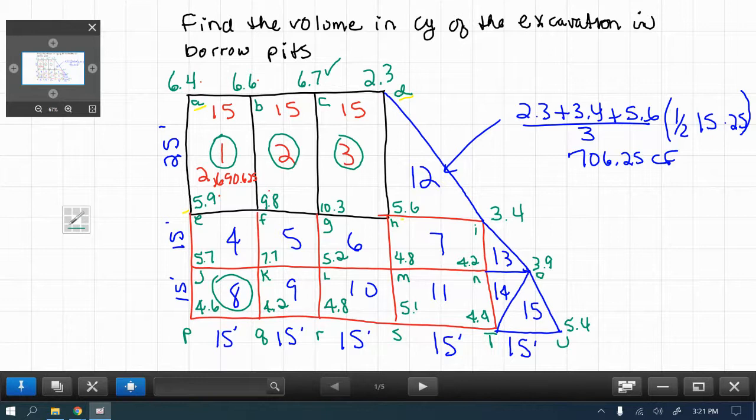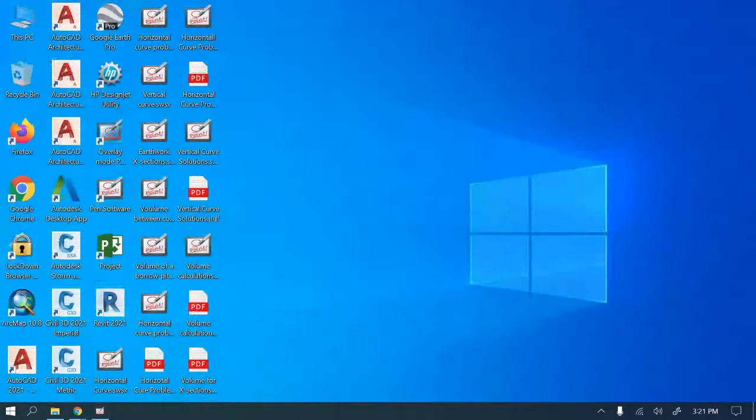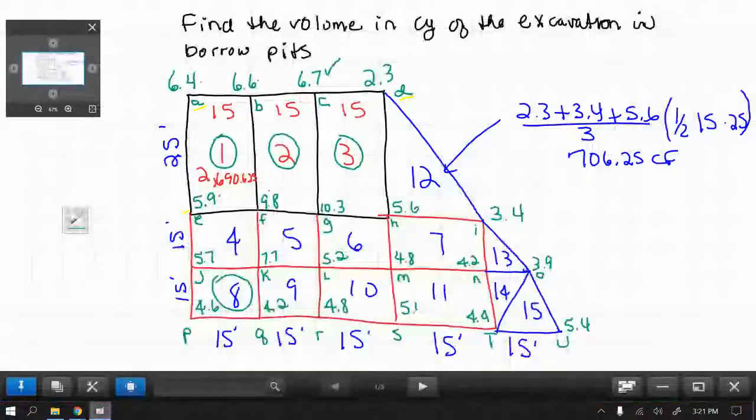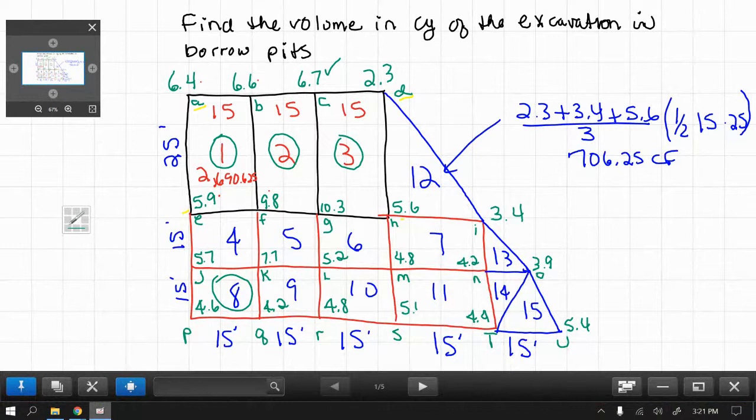I've already done the first one. Here's how you would do that. I would add the sum of my corner cuts. So I'd add all 3 areas together.